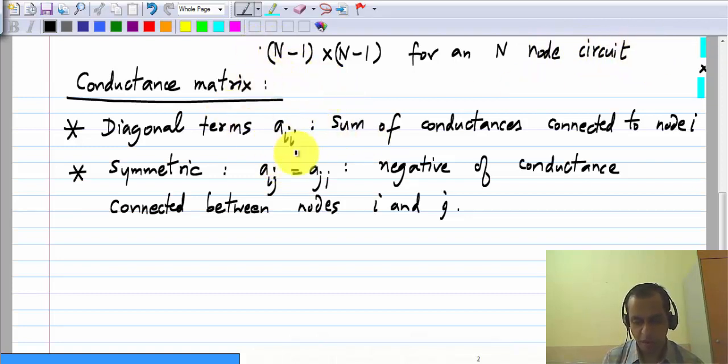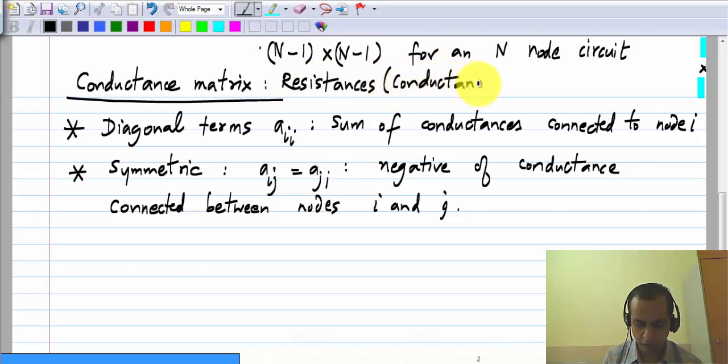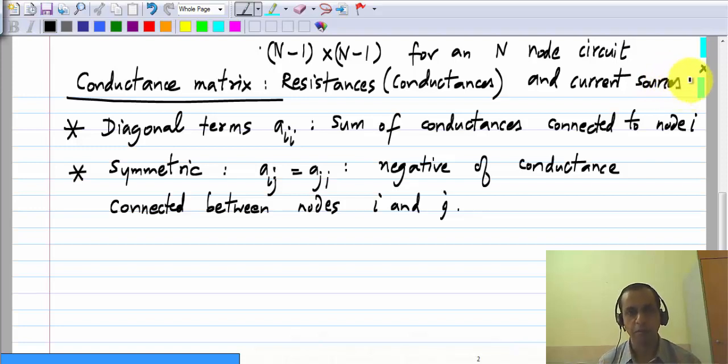And also these properties we have written, they are for the specific kind of circuits we have been considering, which consists of only resistances or conductances and current sources. As we add more elements, we see that some of these properties may be modified. Okay, so we will look at those things later.